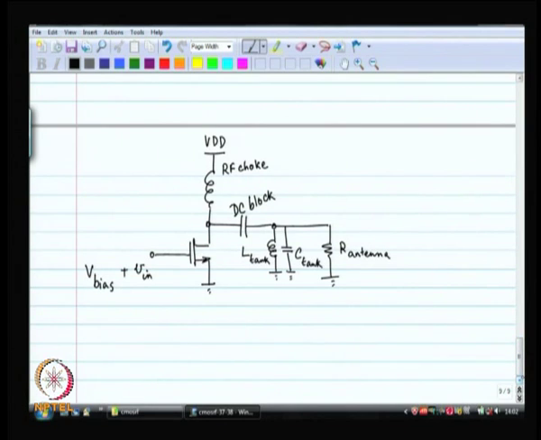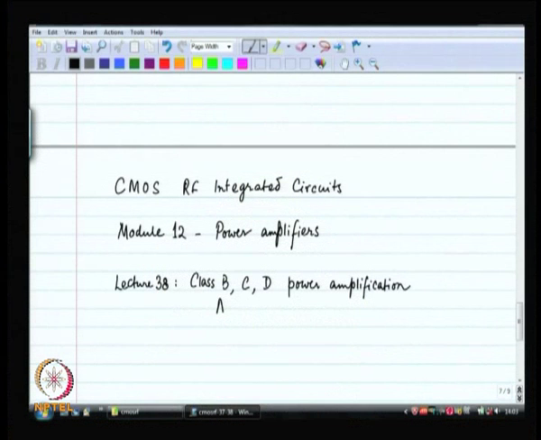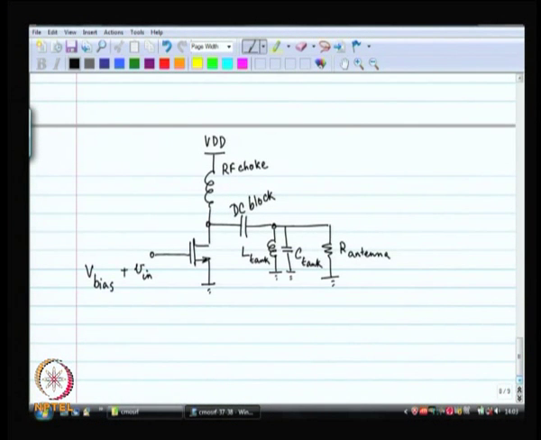So, this is the general circuit diagram, and the same circuit diagram applies to class A, B, C amplifiers. I forgot to mention, we are also going to discuss AB over here. So, it really is irrelevant what class we are in, this is the general picture that I have got.